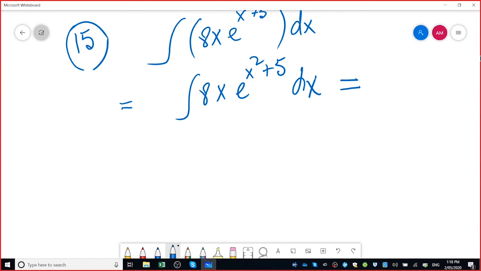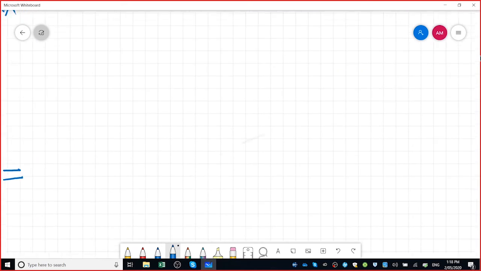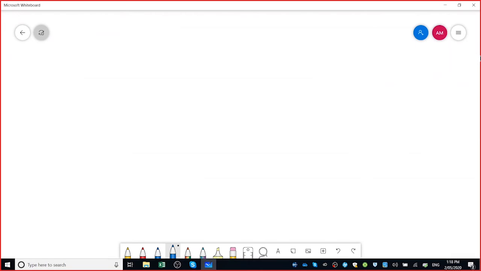Let me ask you a simple question and then we come back to this question. You have to solve this question, and we will come back to this. The question is 2x e to the power of x squared dx.